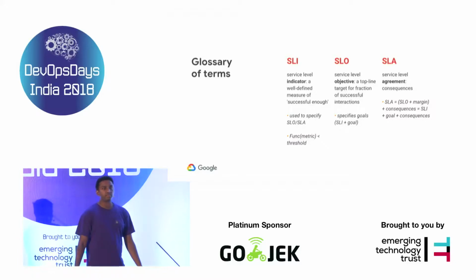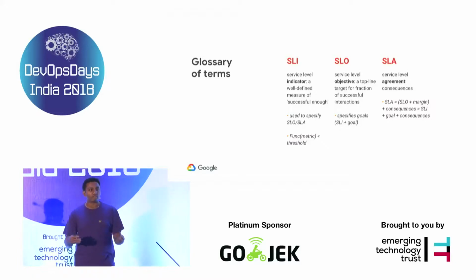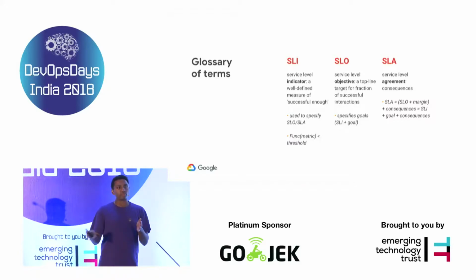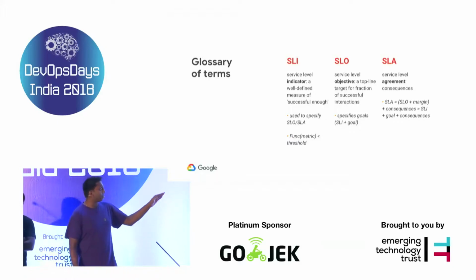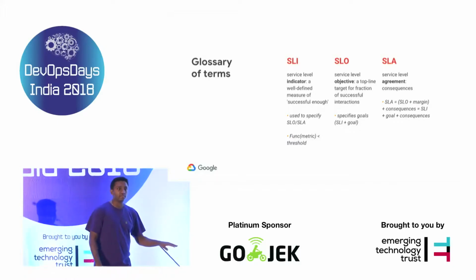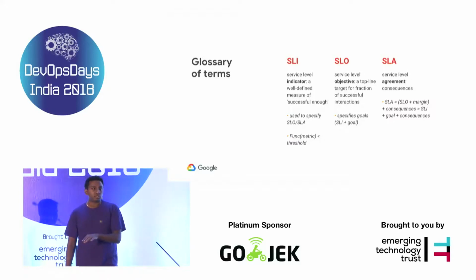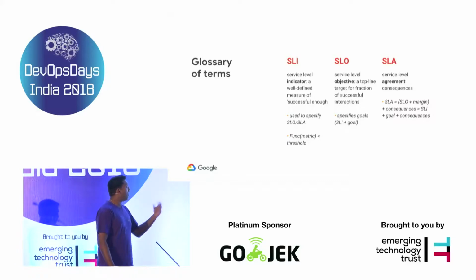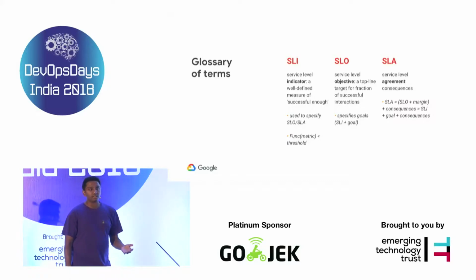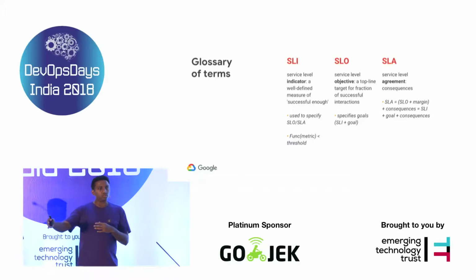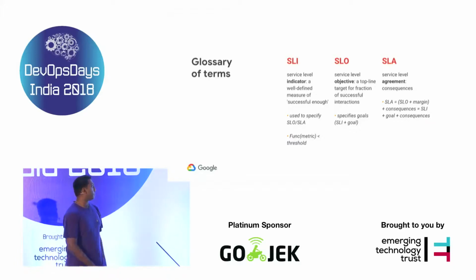To put this into some industry terms, I've just been using the word availability target, but what really is that? SLOs. If I run the availability target through a thesaurus, what you get is your service level objective, your target for fraction of successful interactions. We said that we needed to measure the reliability of the service, your availability. That is your service level indicator, some sort of metric that contributes towards your measurement of reliability.